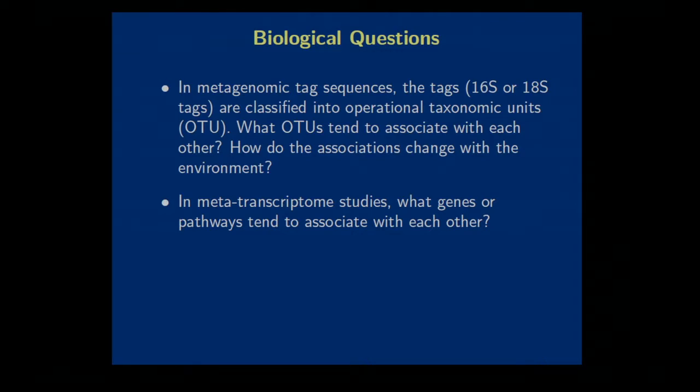Using the sequence data, which is called the tag sequence, we try to classify those genes, those sequences, and then we get the different clusters. Each cluster we call an operational taxonomy unit. This is just jargon that ecologists use to represent that.